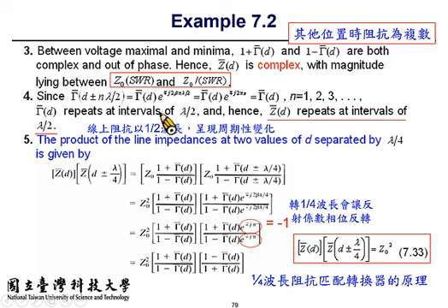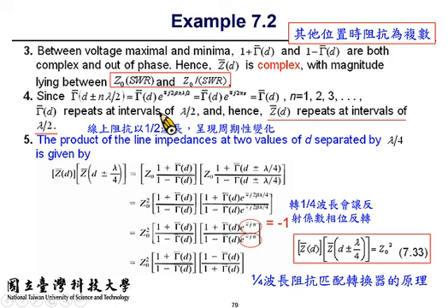And we know that the input impedance repeats every half wavelength. And there is an interesting thing about the transmission line. Here you have a transmission line with arbitrary termination, and here is the distance d.